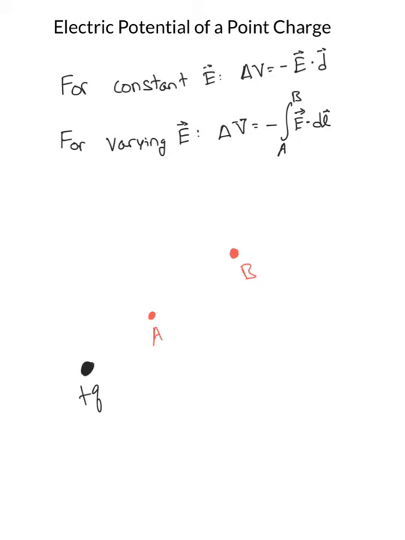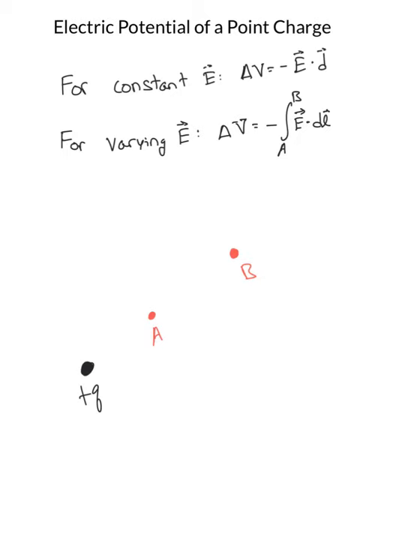This is fine as long as your electric field is constant, but if the electric field varies over the distance, then we need a new equation: the change in electric potential equals the negative integral of the electric field dotted with the displacement. Here I'm writing dl as describing the path that we take.